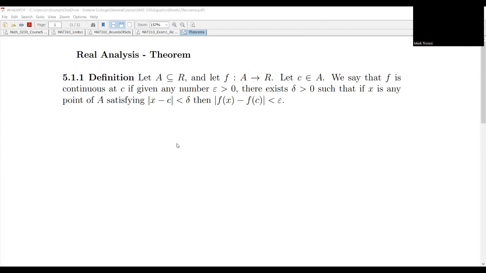And then we showed that by bounding x minus c to make it less than delta, that forced f of x minus f of c to be less than epsilon. And therefore, we proved that our function was continuous at the point C.